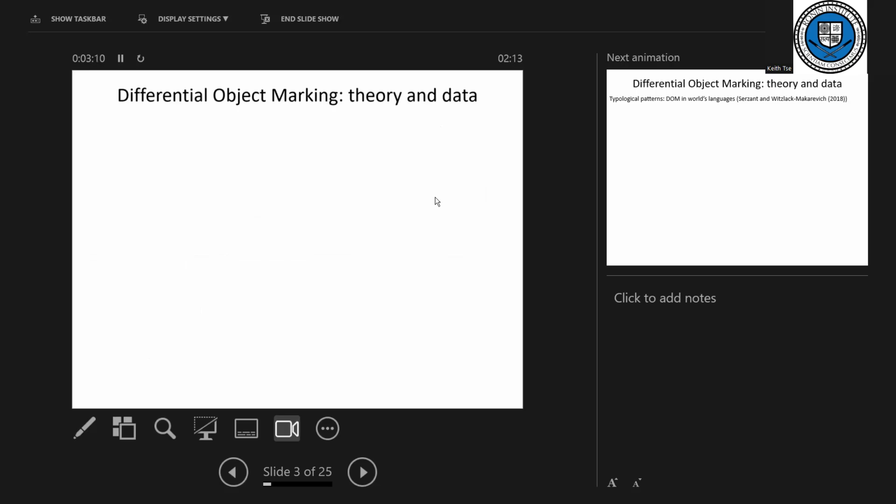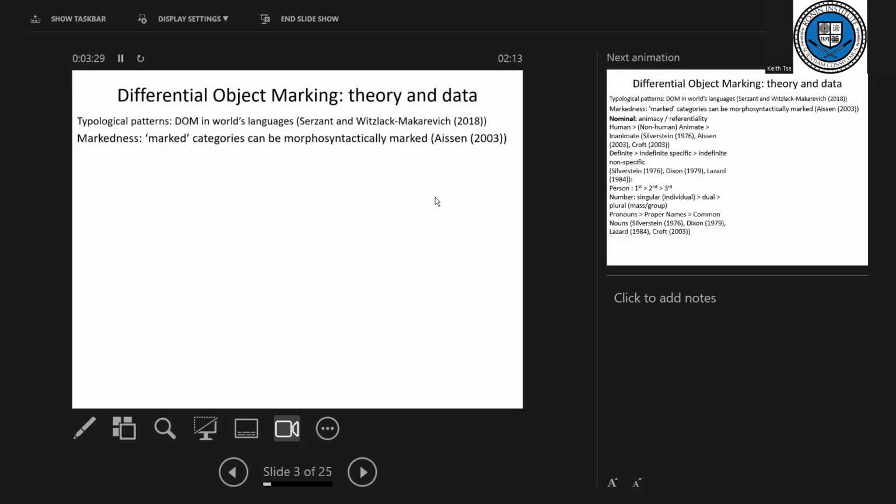Now, DOM is of significance not just to Romance, but to linguistic theory in general, because DOM exists in many of the world's languages. There's a very famous book by Serzant and Witzlack who look at the typological distribution of DOM. DOM boils down to markedness.